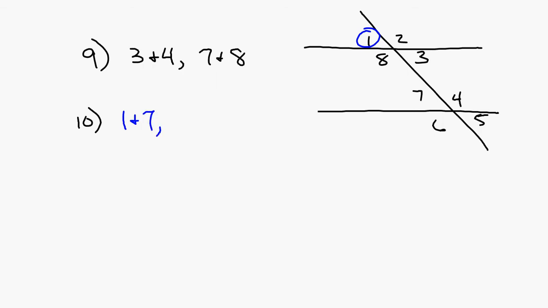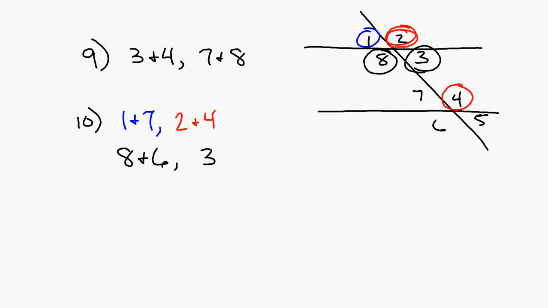And 2 corresponds to, 2 is in the upper right, so upper right, 2 and 4, good. 8 is in the lower left. 8 corresponds to what? 8 and 6. Good. And 3, it's in the lower right. So 3 and 5 correspond to each other.